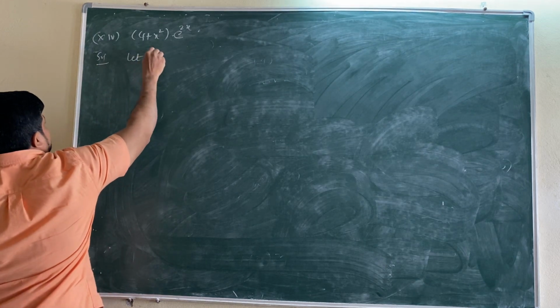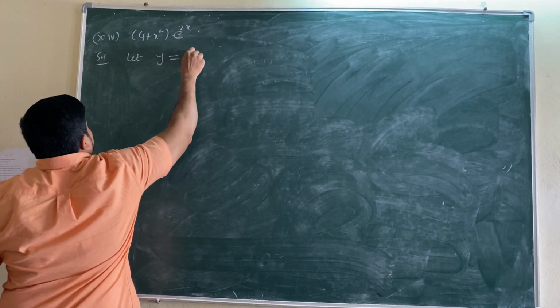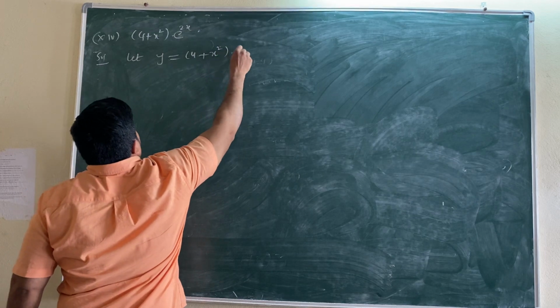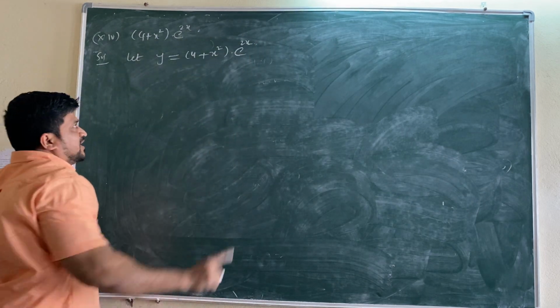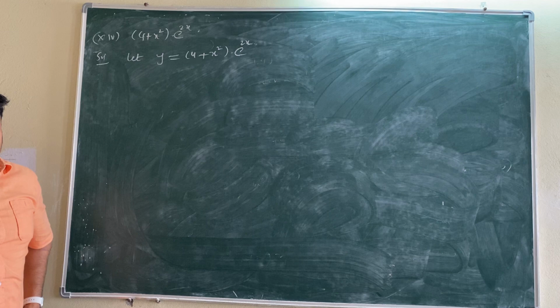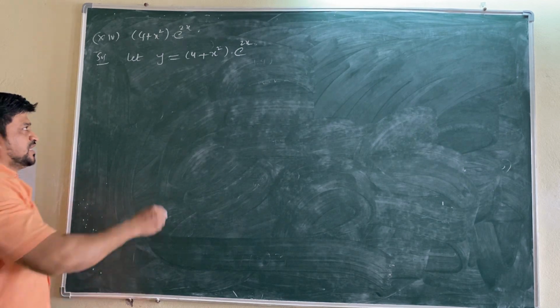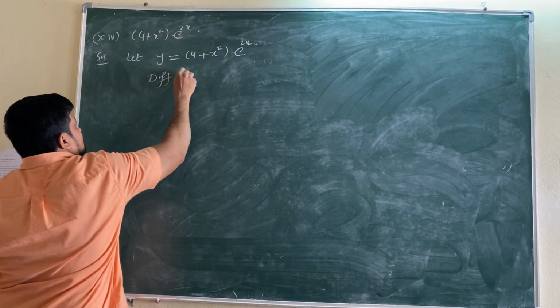Let y equal, sometimes y also we can consider, so f of x or y, anything you can take. Then what will we write? Differentiating both sides with respect to x.